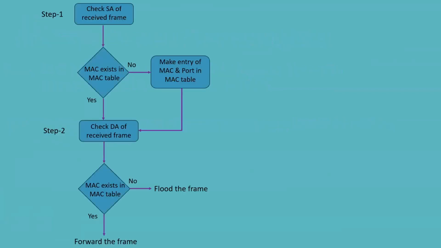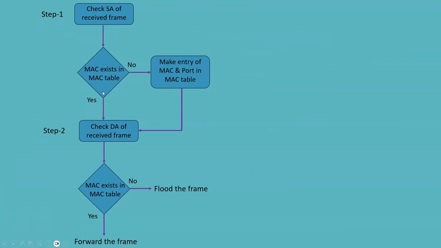Okay. So up until now, we had the flow chart like this. We had a two-step process where the first step was to check the source address field. If the entry was not there in the MAC table, make an entry. This part was known as learning.